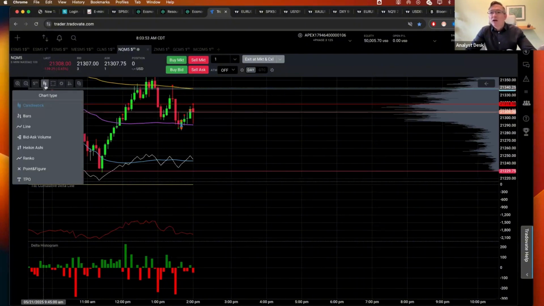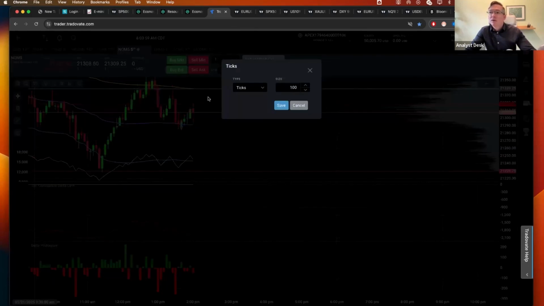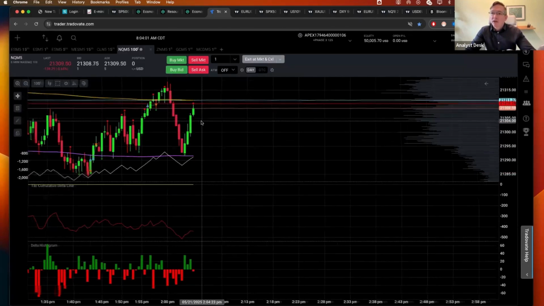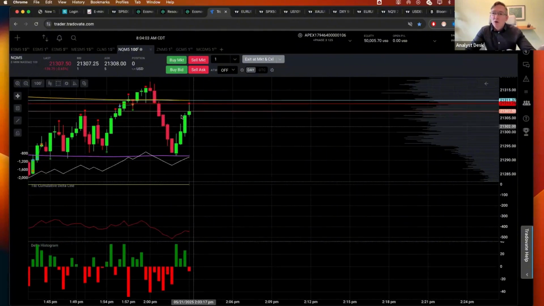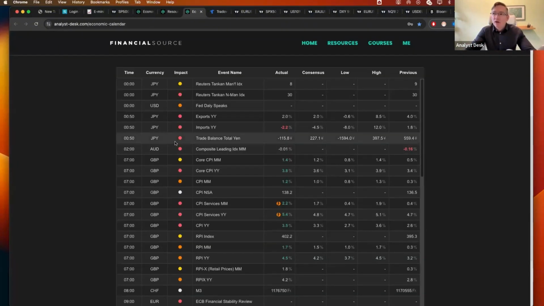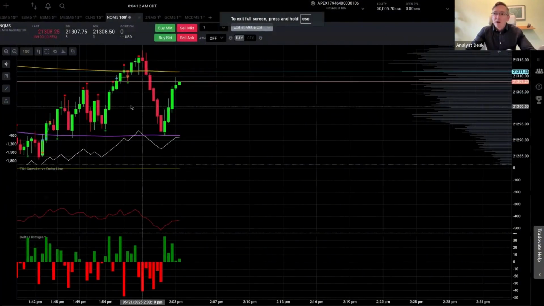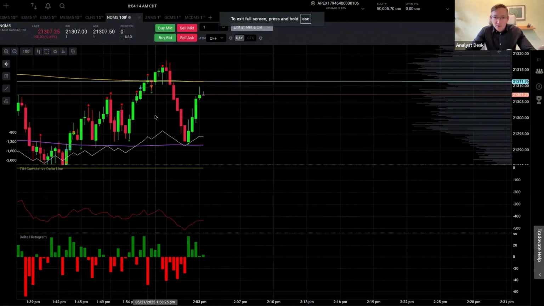Now, a tick chart is a different type of chart. With the 100 tick chart, when 100 orders have been completed, then you have a new candle. So instead of being time-based, it's volume-based.